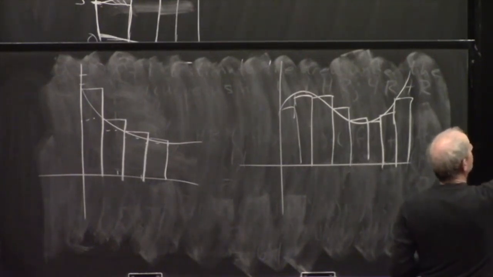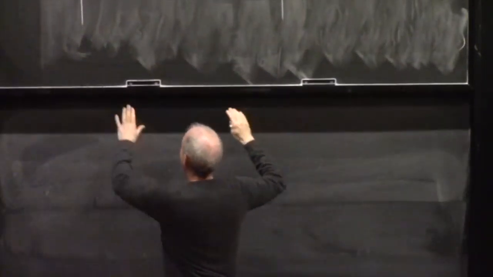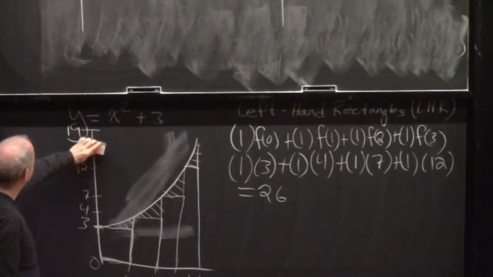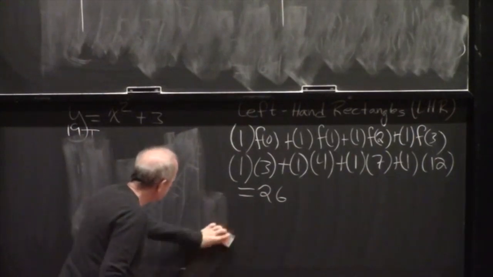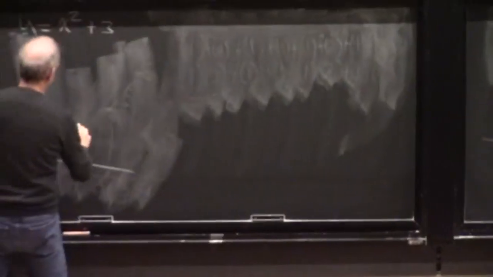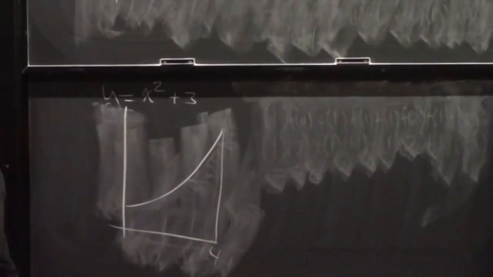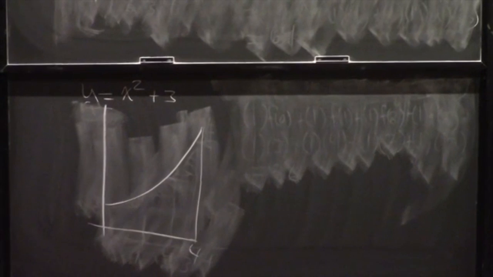So, we'll just take another example. Go back to our x squared plus 3 example. Let's say I went from 0 to 4, but I wanted to use a lot of rectangles. So 8.